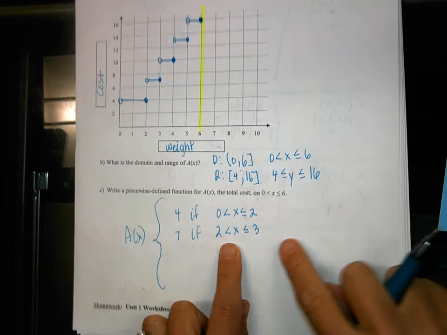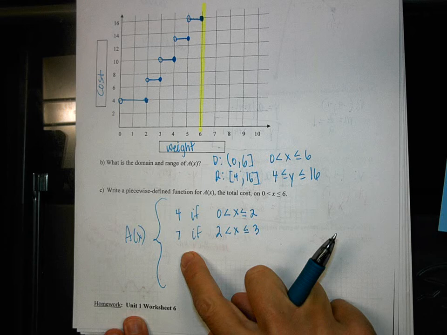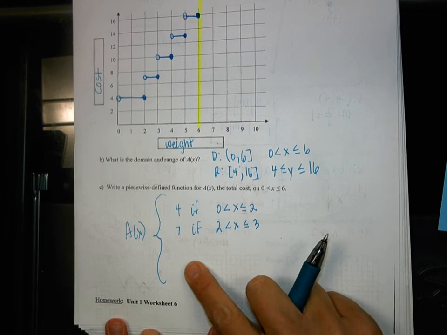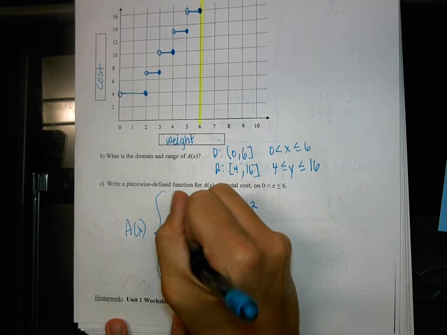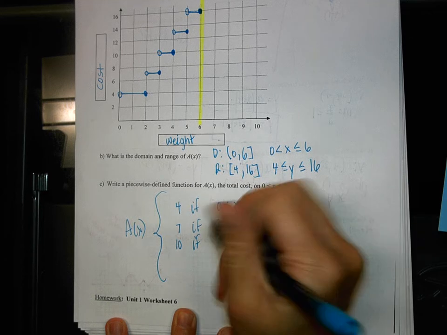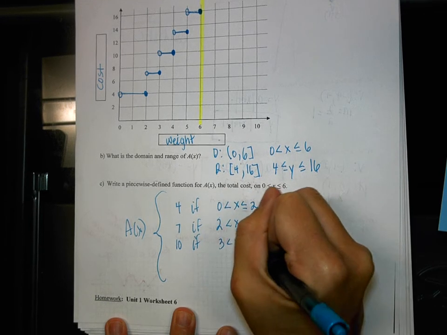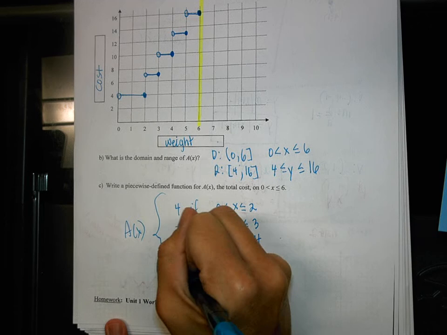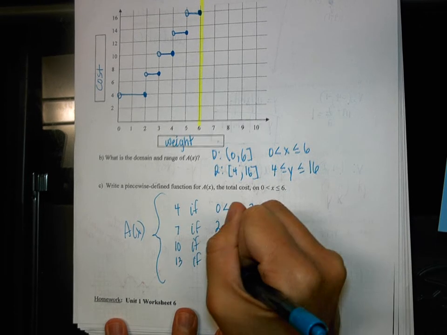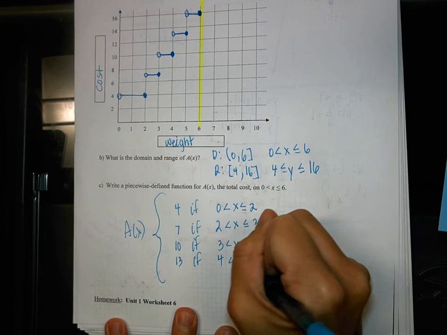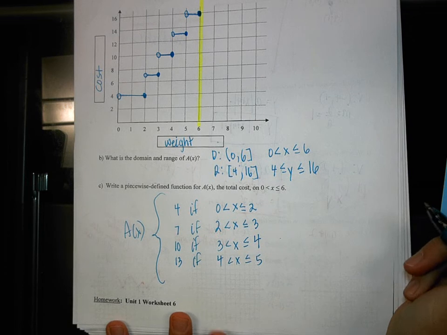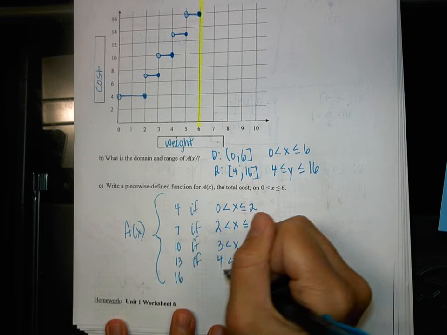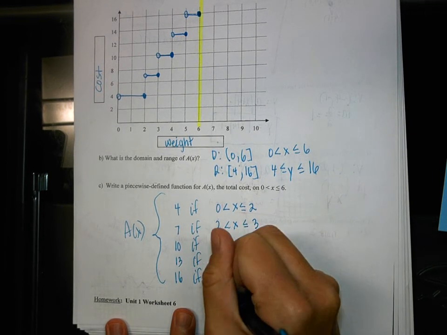The next number is going to be what? 10 if 3 is less than x is less than or equal to 4. The next one is 13 if 4 is less than x is less than or equal to 5. And then the last one would be 16 if 5 is less than x is less than or equal to 6.